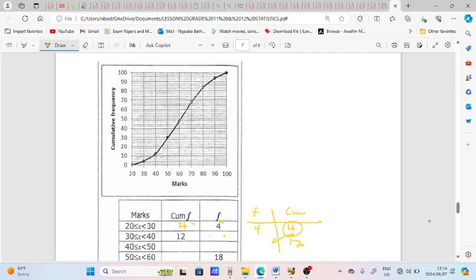So there is a number here that I added to get this 12, 4 plus 8 is 12. Then I take that 12 and subtract 4, then I'll get what? 8. Can you see that? Alright, if you are moving from the cumulative frequency to the frequency we subtract, but from the frequency to the cumulative we add. So now it means here will be 8.